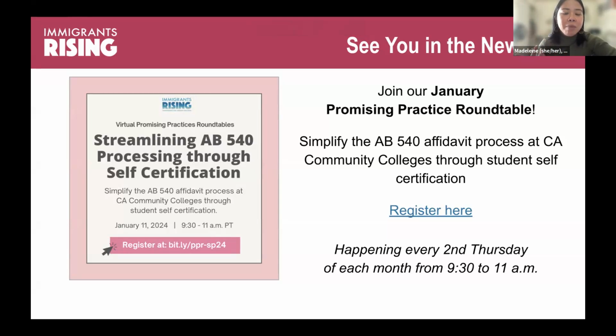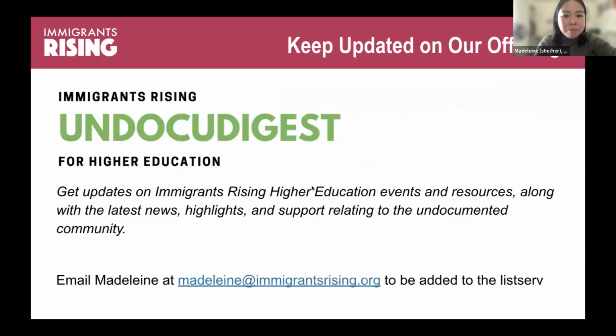So we'll be talking about how you can potentially get this implemented at your campus. Maybe this could also be a place for CSUs and UCs to attend to see if there's any resonance or replicability between their own systems, but this is a specific policy within the community colleges. So please register if you're interested in attending and learning more.